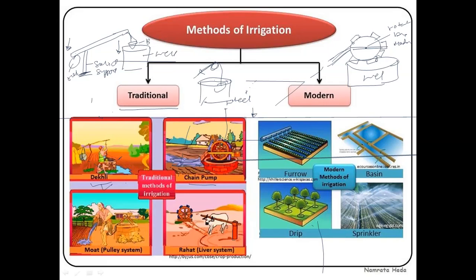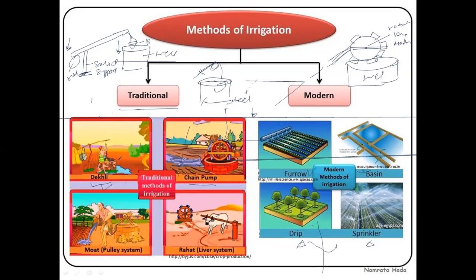Here we use motors to rotate the wheel, and there we use a buffalo or any kind of animal. Now take a look at the modern methods of irrigation. We already know about the drip system and sprinkler system. And there are two other methods as well, furrow and basin.